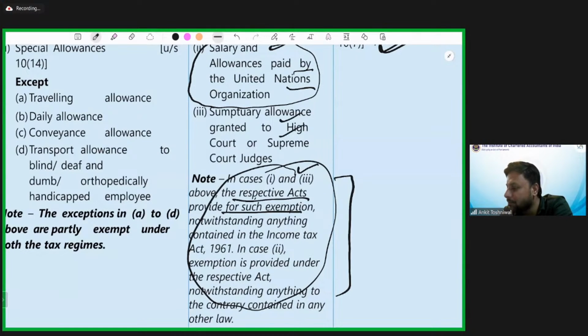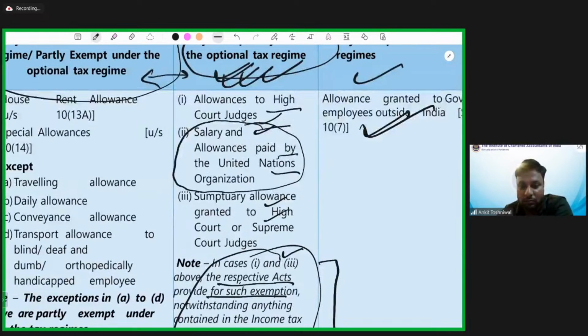Are you getting my point? If old regime, all three are exempted. In old regime, all three are exempted. Okay?